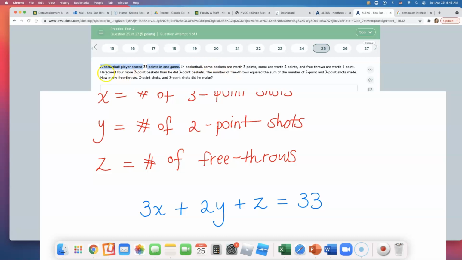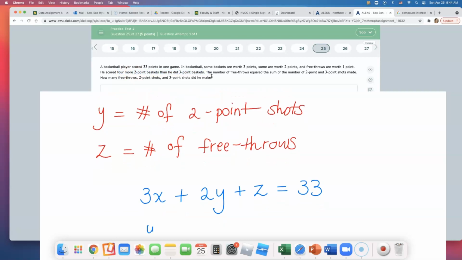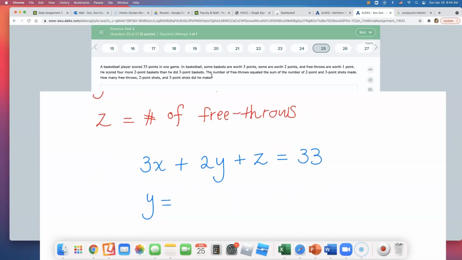Now look at the second sentence. He scored 4 more, that's going to be 4 plus, right? 4 more 2-point baskets than he did 3-point baskets. So what we can say is y, the number of 2-point shots, is 4 more than the 3-point shots. So y equals x plus 4.